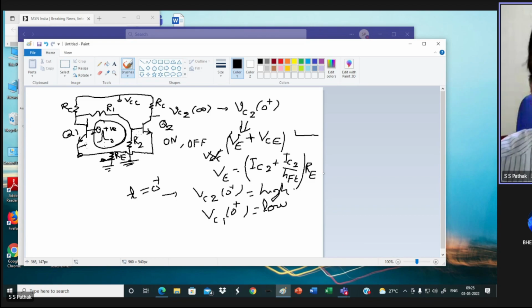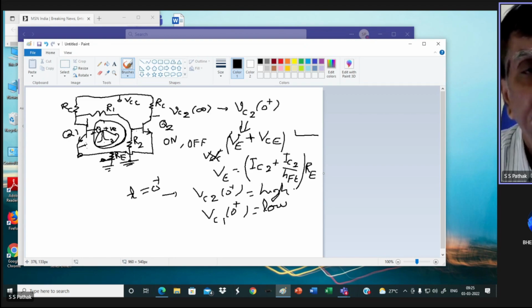Second trigger has to be, I think it has to be negative or it has to be given to this base. Otherwise it will not work as a binary. When the second trigger comes, it will change the state again and third trigger will apply here. I think that is the way it is going, but why should the trigger be applied to this base?